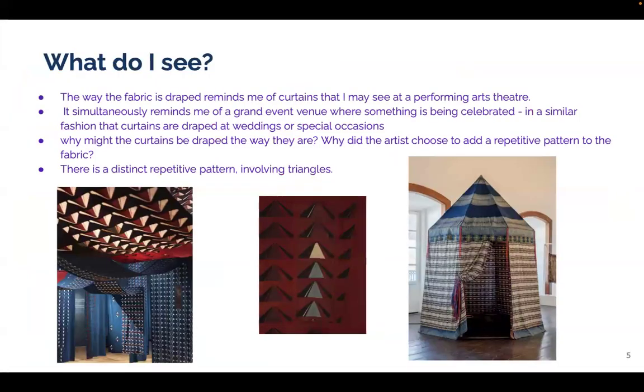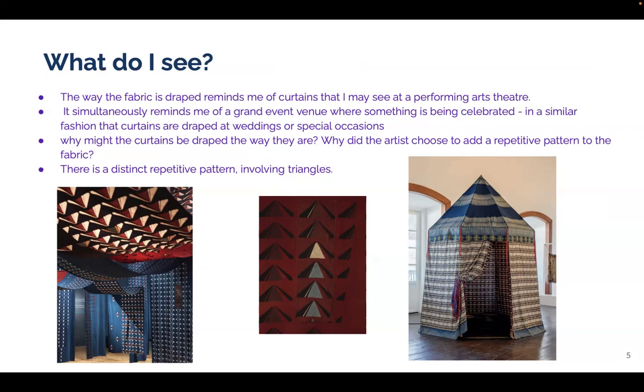So what do I see when I first look at this work? For example, I see plenty of fabric. I see that in some shots it takes up the majority of the room. I also see a tent-like shape, which is quite bold and centered in the room. It seems quite large in this gallery space, and I see lots of patterns as well on this fabric involving geometric shapes.